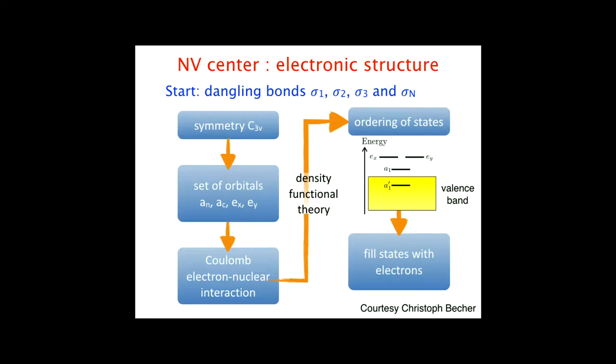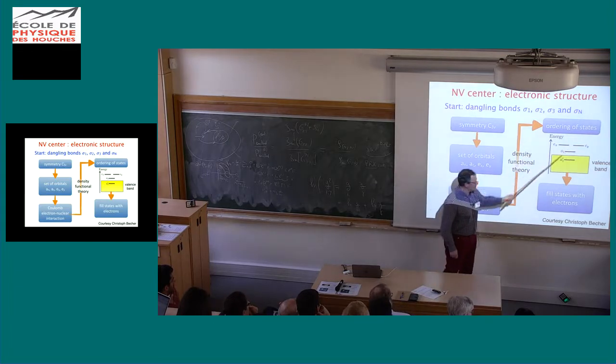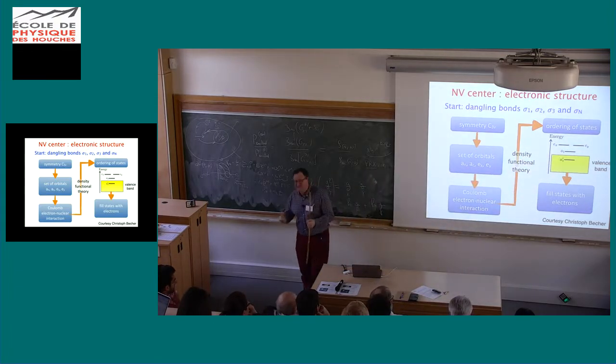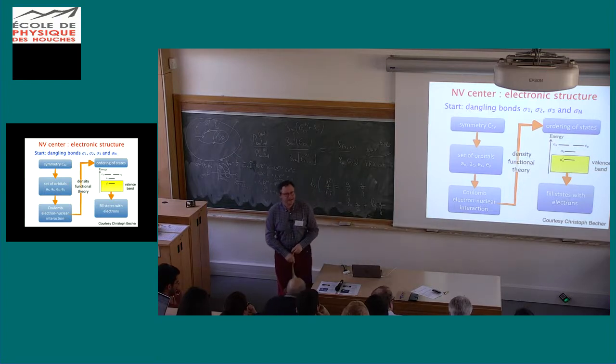So now I need to fill these states. I have these 4 states, and I need to fill them with the electrons. I'm considering the negatively charged NV centers.